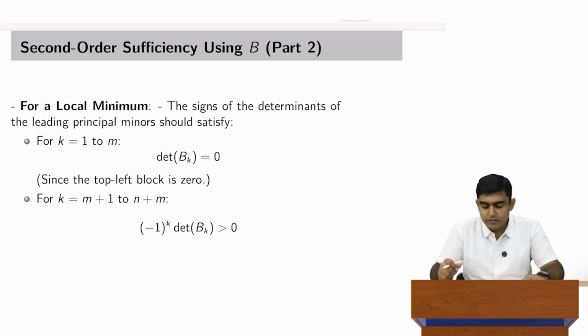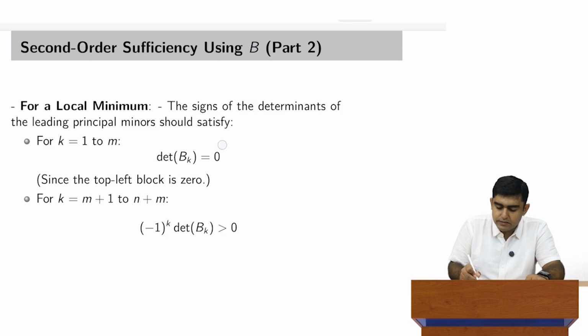So, now let us look into how we will check the sign of determinants for the leading principal minors to establish whether our bordered Hessian matrix is positive definite, positive semi-definite, and so on. What it says is that we will look into the determinants of various minors, that is, if you have two constraints, let us say, then for k equal to 1 to k equal to 2, you would end up with two matrices B1 and B2.